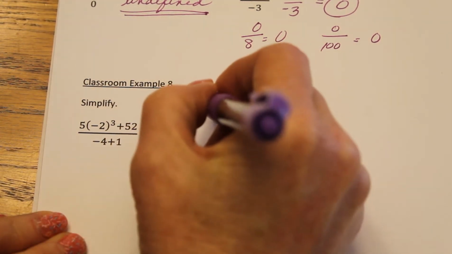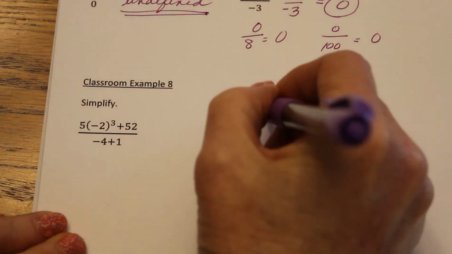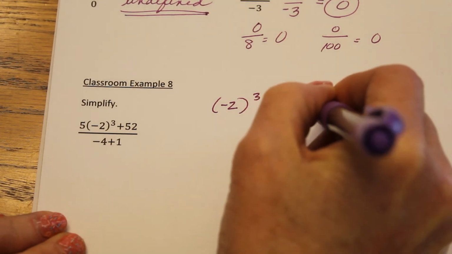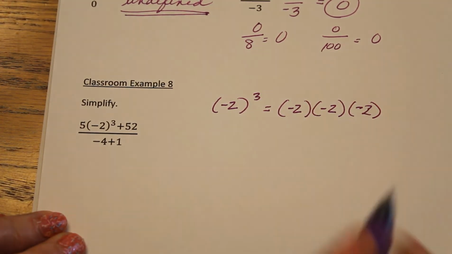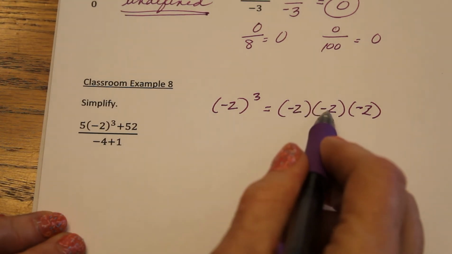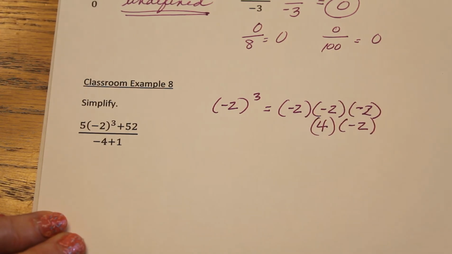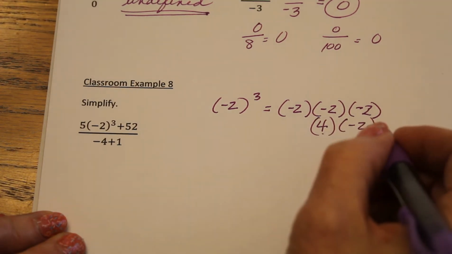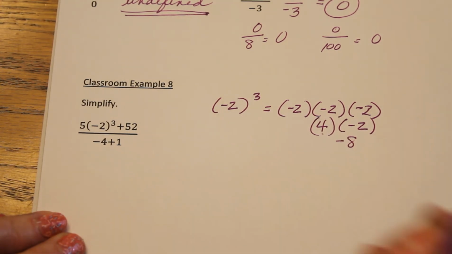So this is going to be, what is -2 to the third? That's -2 multiplied by itself 3 times. -2 times -2 is +4. +4 times -2 is -8. -2 to the third is -8.